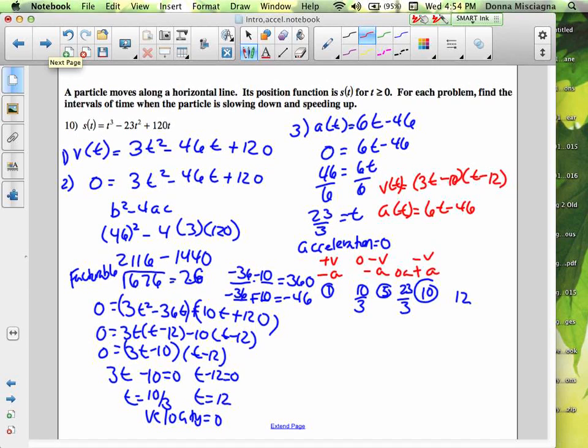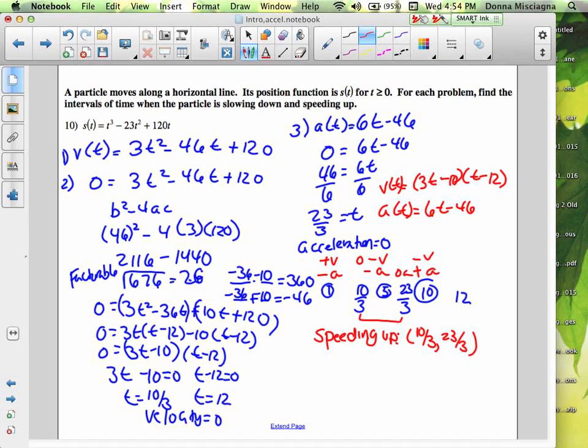So when is our particle speeding up and when is it slowing down? It's speeding up when the two have the same sign. So between 10 thirds and 23 thirds seconds is when we are speeding up.